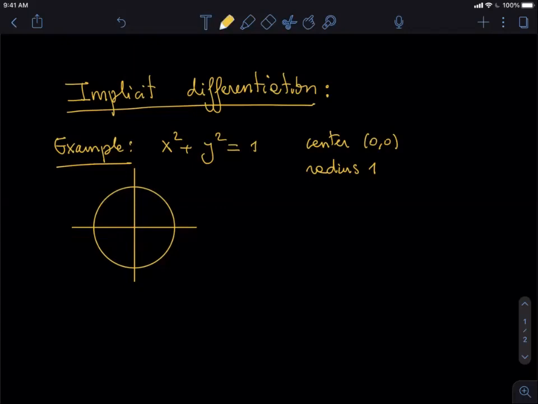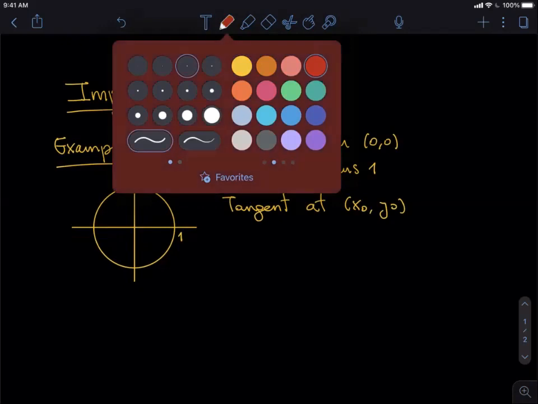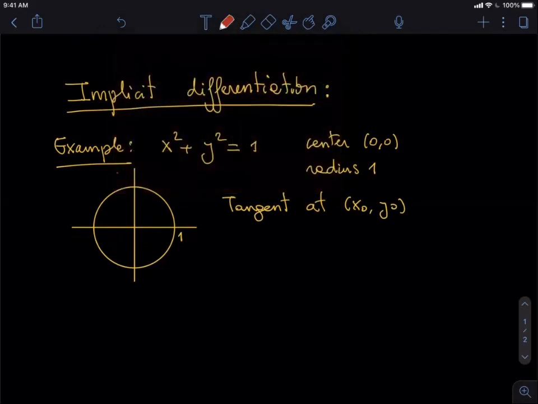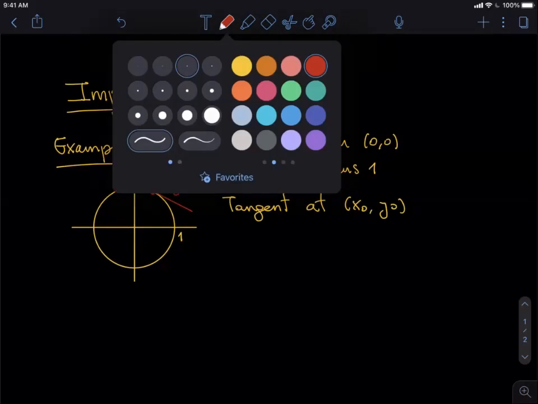Now, if we wanted to compute the tangent at any given point x0, y0, so that can be difficult. Okay, let's say we want to compute it here at this point, for example. Why is this difficult?